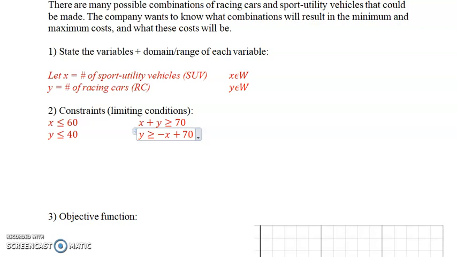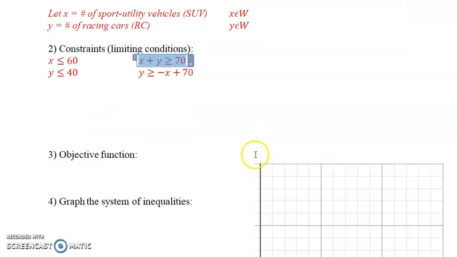So remember, if it's negative, that means the slope is going to be down one, right one, down one, right one, or you just look at this, both the X and Y intercepts are going to be 70. So anytime you have X plus Y and then an inequality to a number, that means the X and Y intercepts are the same, right?